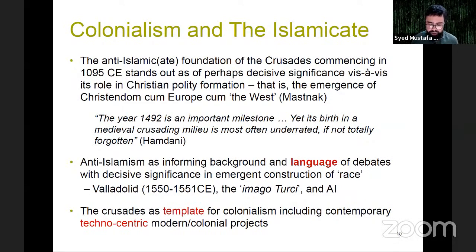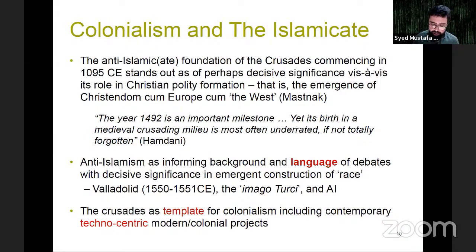Here I draw attention to the need to think about the significance of the Crusades vis-a-vis the Muslim threat, whether real and/or imagined, and their entanglement with events involved in shaping the contours of the religio-racial logic emerging within the context of the so-called New World voyages.